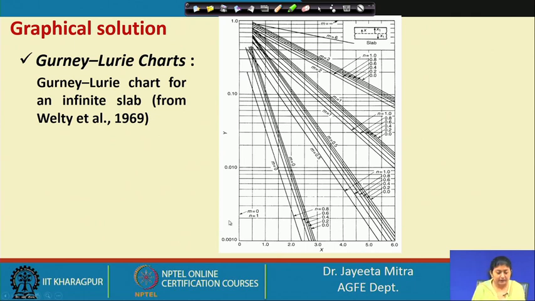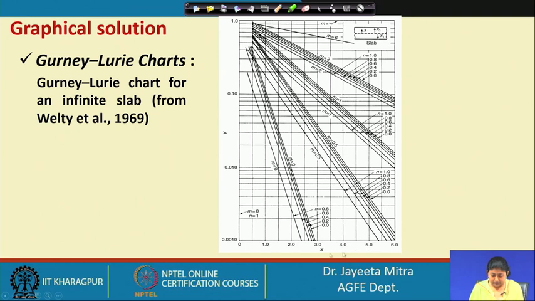So, as we have seen, for different geometry the characteristic dimension or characteristic length changes, because this is the volume, the surface area. So, this characteristic dimension is the volume by surface area. So, therefore, it is changing for different geometry. So, this chart is specifically for the infinite slab.